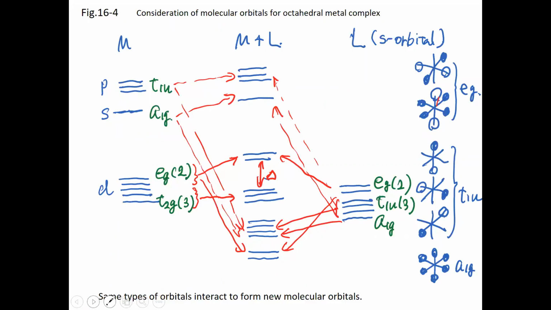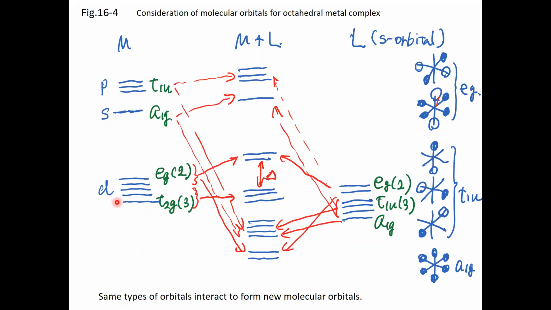So here is what we need to understand when we look at how light absorption happens in the case of a metal complex, based on the molecular orbital constellation. It's really relevant to group theory. In this drawing, this is the energy level of the metal side.